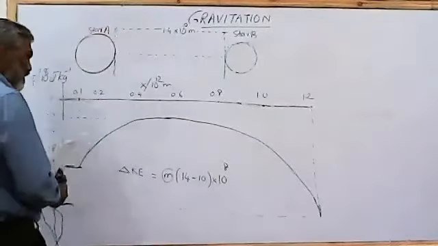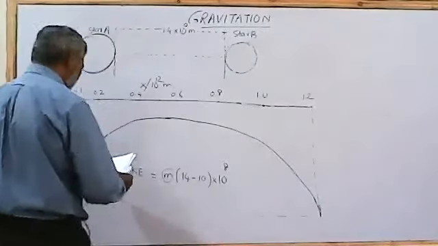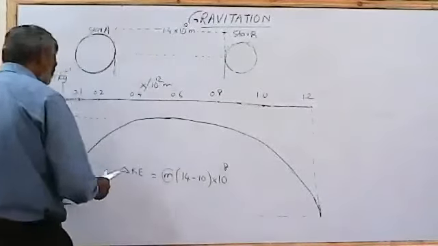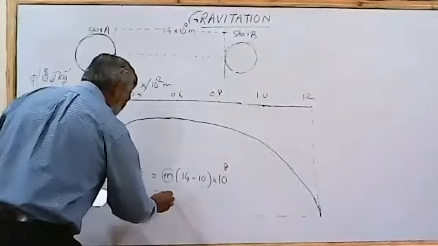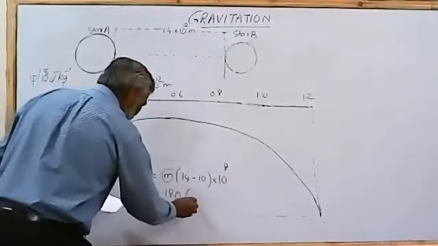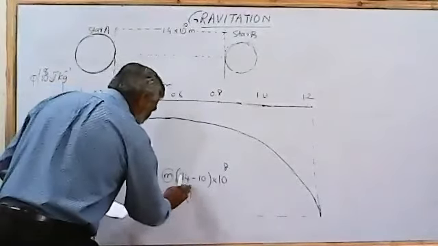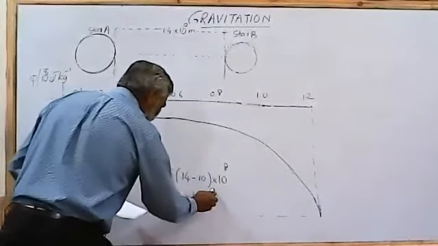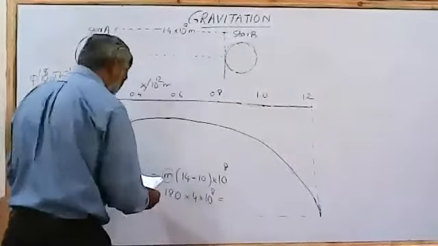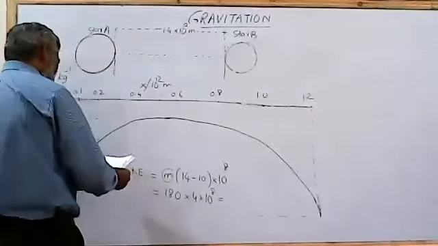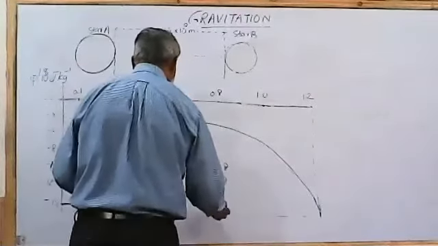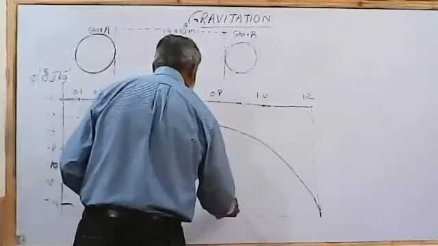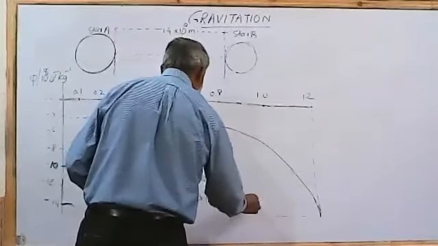And if mass is given to be 180 kilogram of that object, which may be a rocket or something, it is 180 times 14 minus 10, which is 4 into 10 to the power 8. And if we simplify it, it obviously becomes 7.2 into 10 to the power.